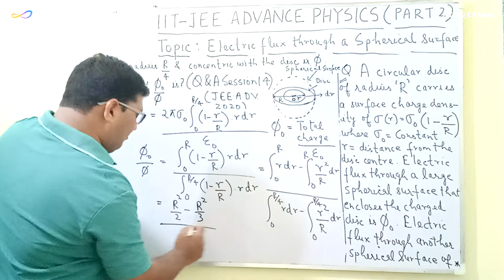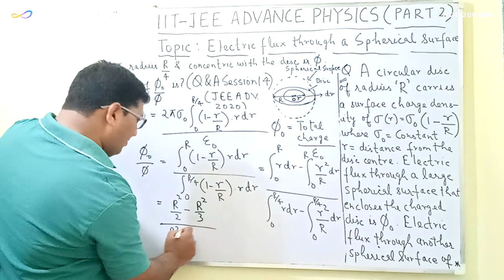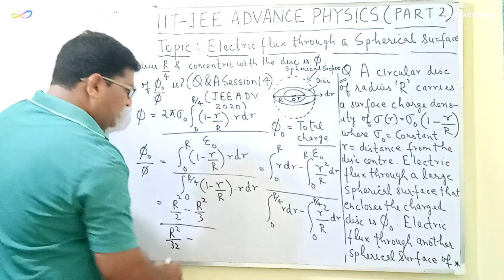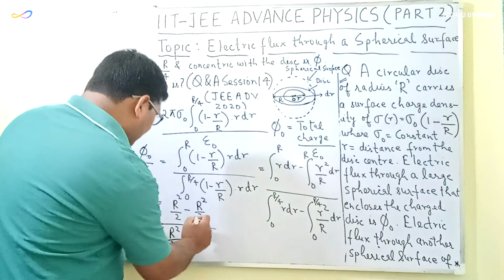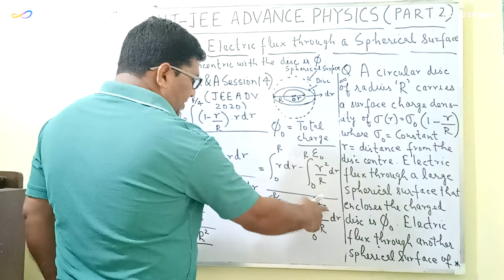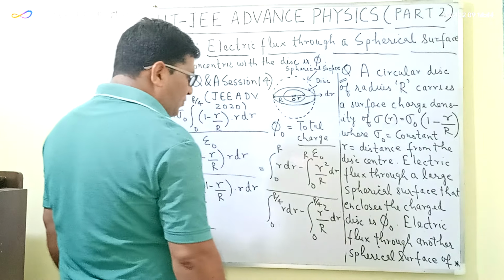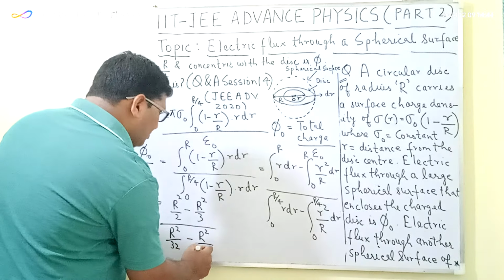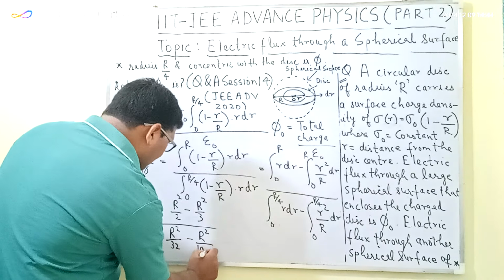So similarly here I will be getting the value as R square divided by 16 into 2, 32, minus R square divided by, this will be cube, so 16 into 4, 64, 64 into 3, that is equal to 192.